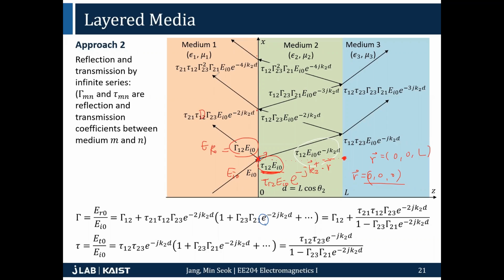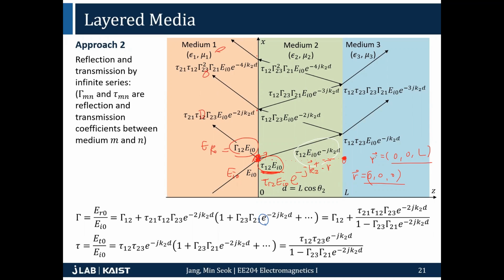In order to add these partial waves properly, we need to evaluate all of them at the same position. That same position is the origin here, and in this case, the same position is 0, 0, L. So even though I draw things as if X is increasing, in order to add them properly, you need to evaluate all the partial waves at the same position, right?